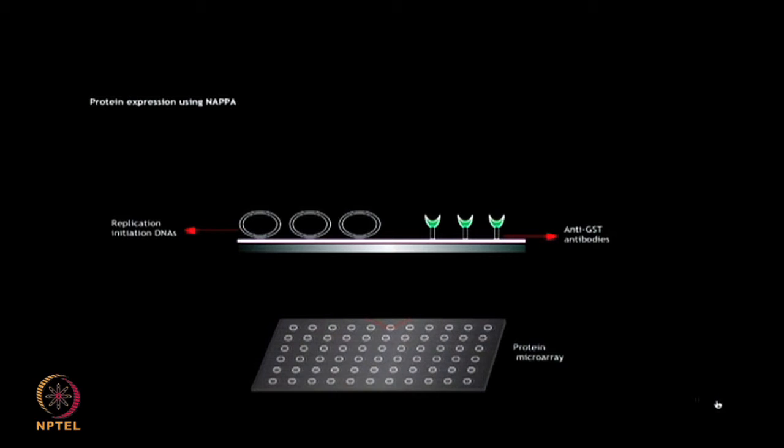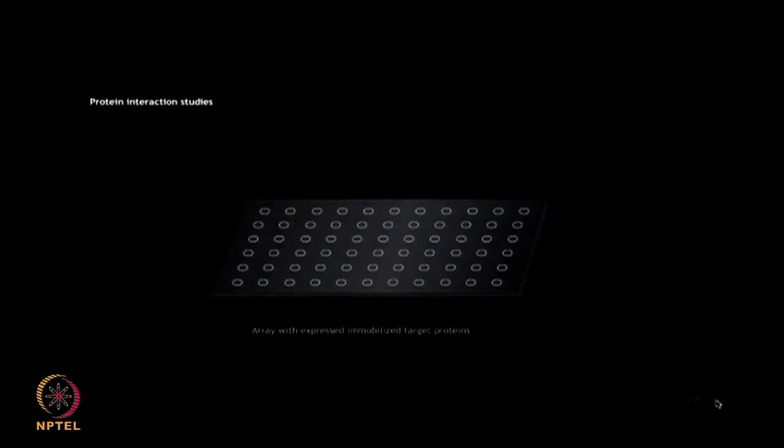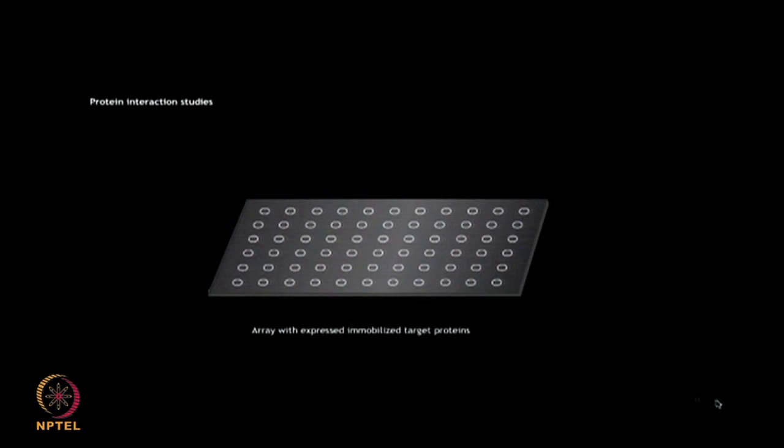And then expressing them in duplicate with rabbit reticulocyte lysate. The expressed proteins bound to the anti-GST antibodies, which are the capture antibodies present on the array surface.